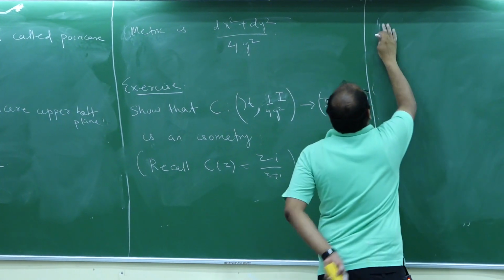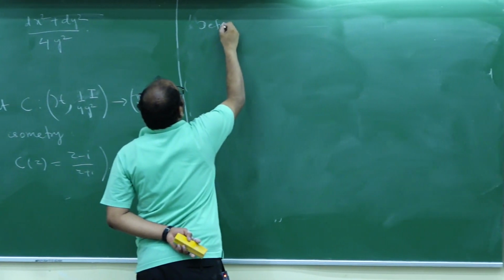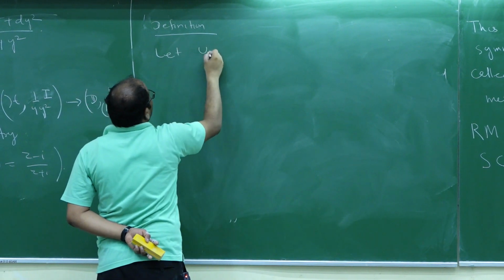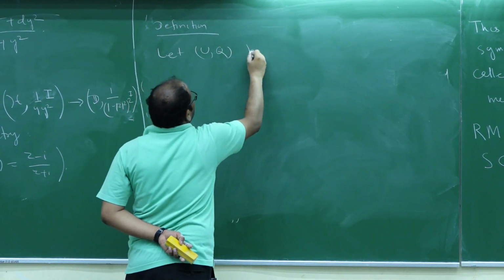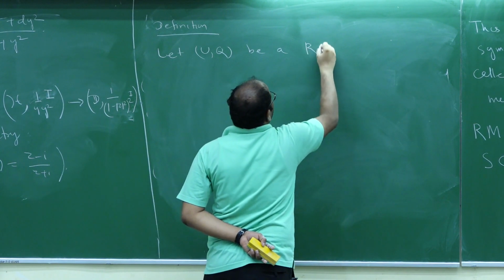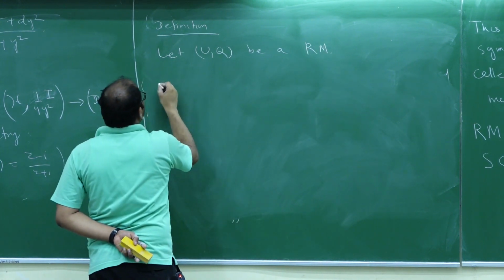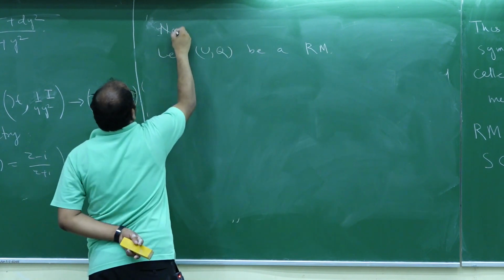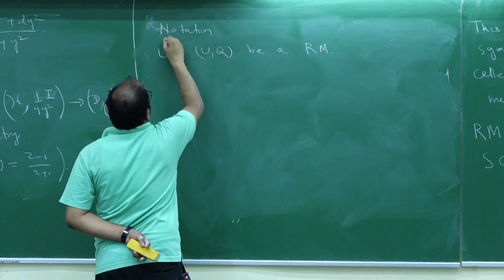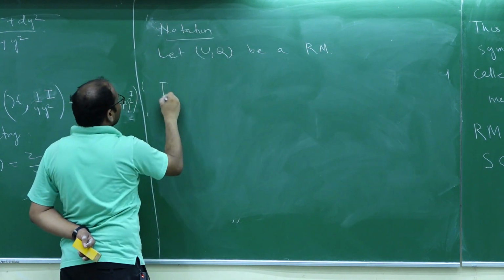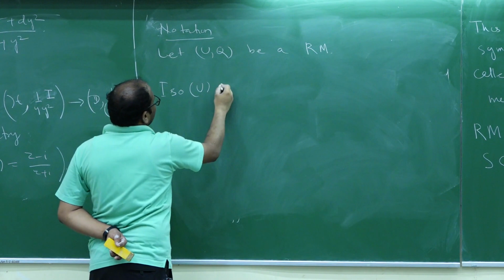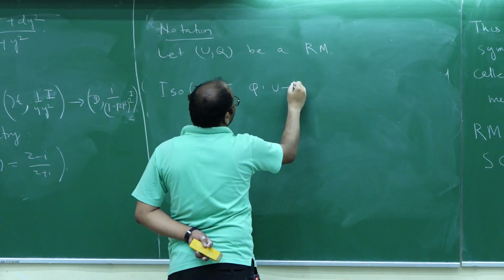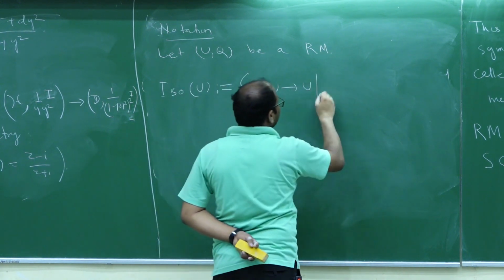Definition. Let Q2, Q clearly imaginary. So I use this notation. This is not technical. This thing, isometry, is the collection of all maps.